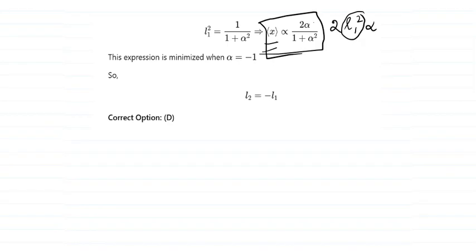So we want to minimize the expectation value of x. To find this, we are using the condition of differentiating with respect to alpha and equating it to 0.